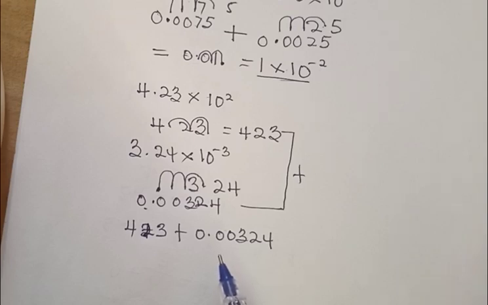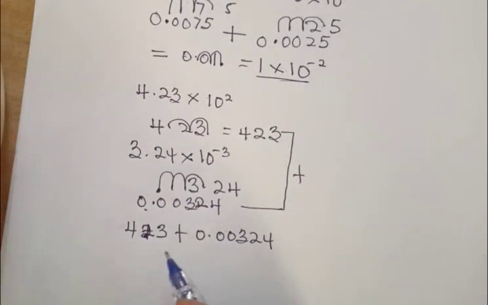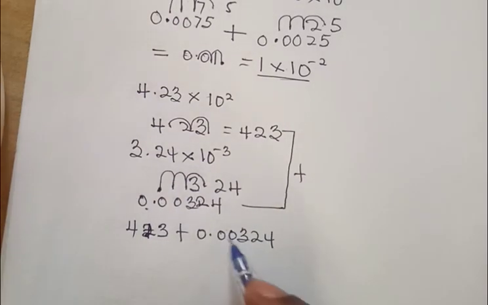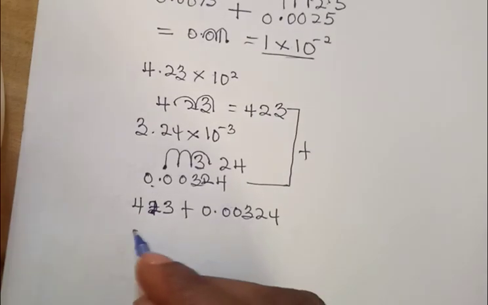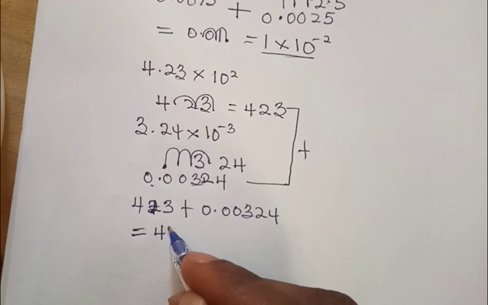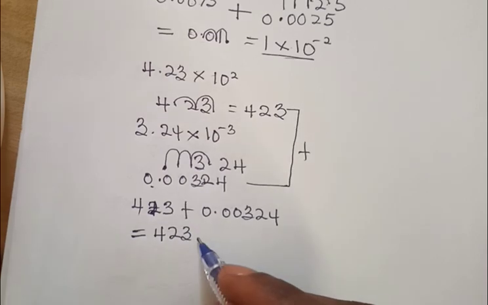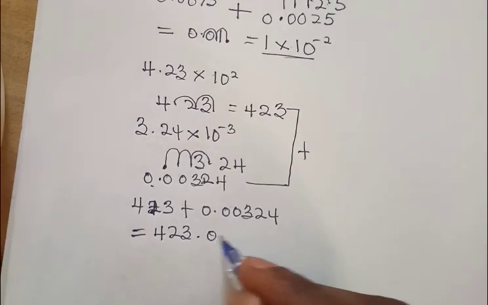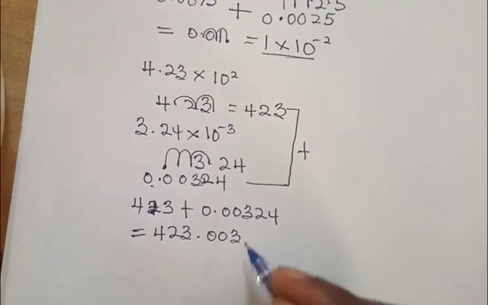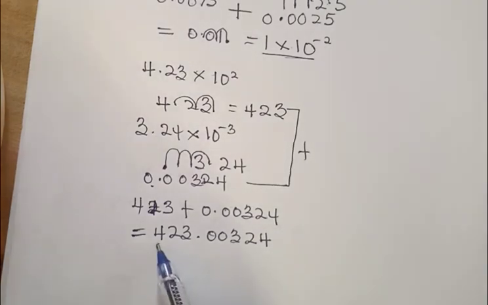Standard form. Good. Now, if I add this to that, what am I going to get? So I'm going to get 423.00324. So this is what I get.